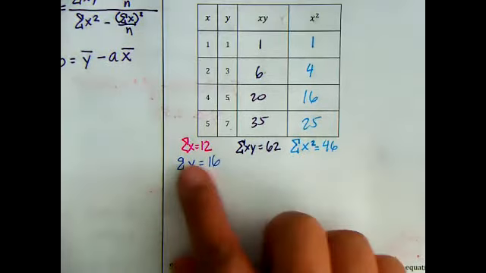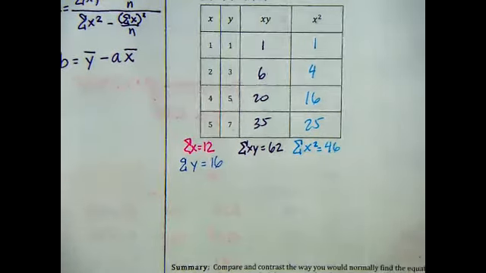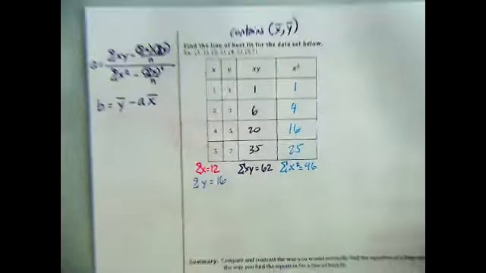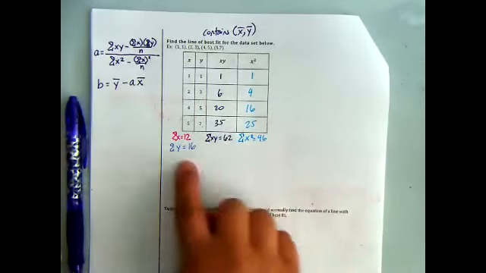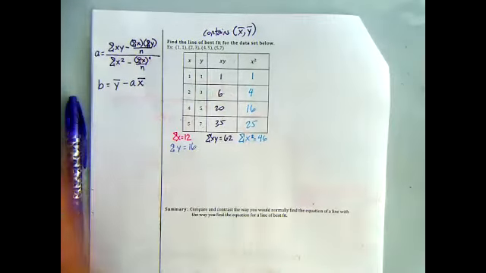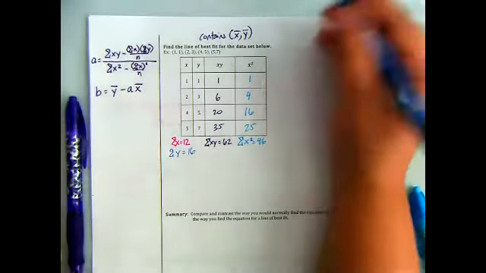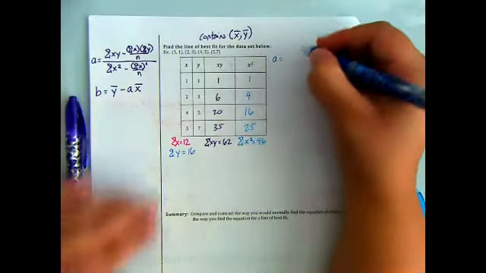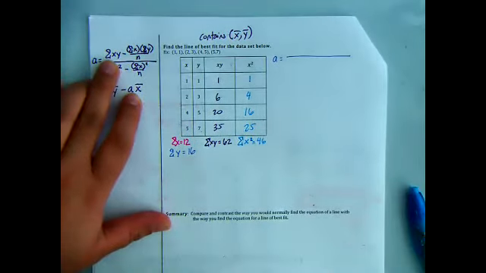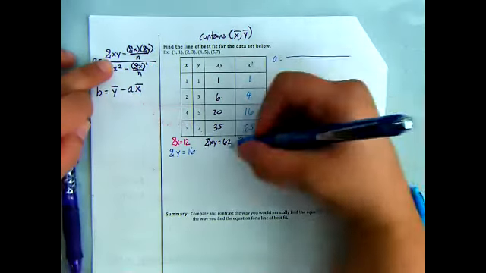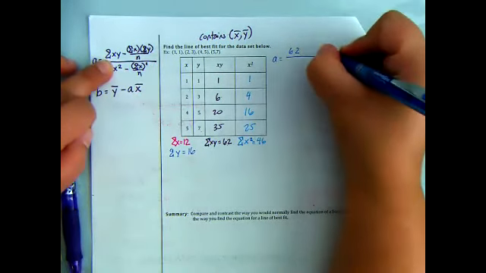So once you have all of this information, I'm gonna zoom out real quick so you guys can see it. Once you have all of your minor information here, you just start plugging in. To find a, first thing, big fraction bar. On the top, we have the summation of xy, so that's going to be 62.